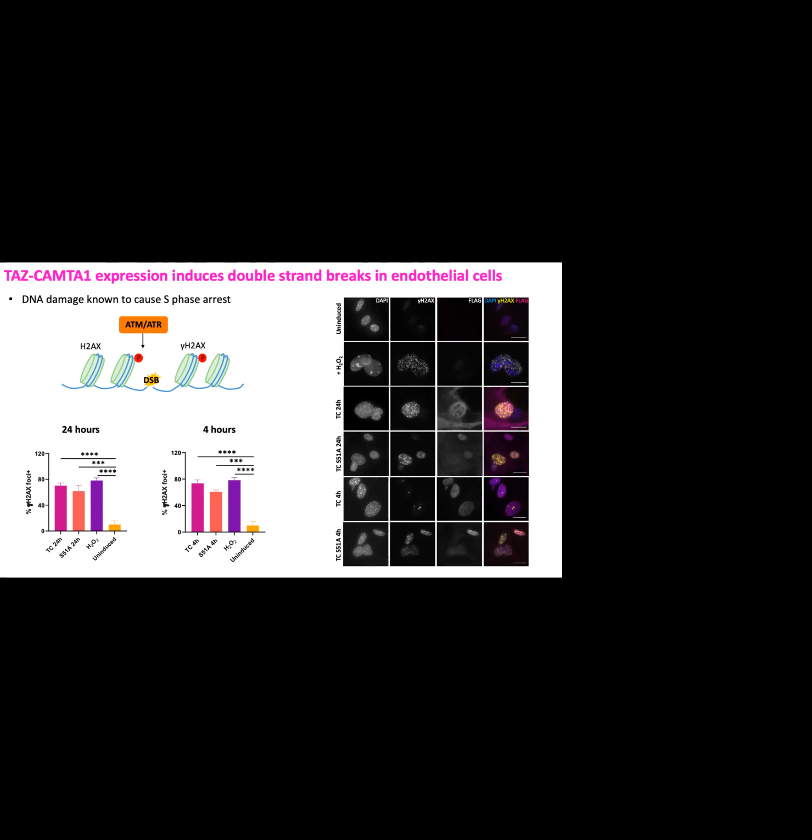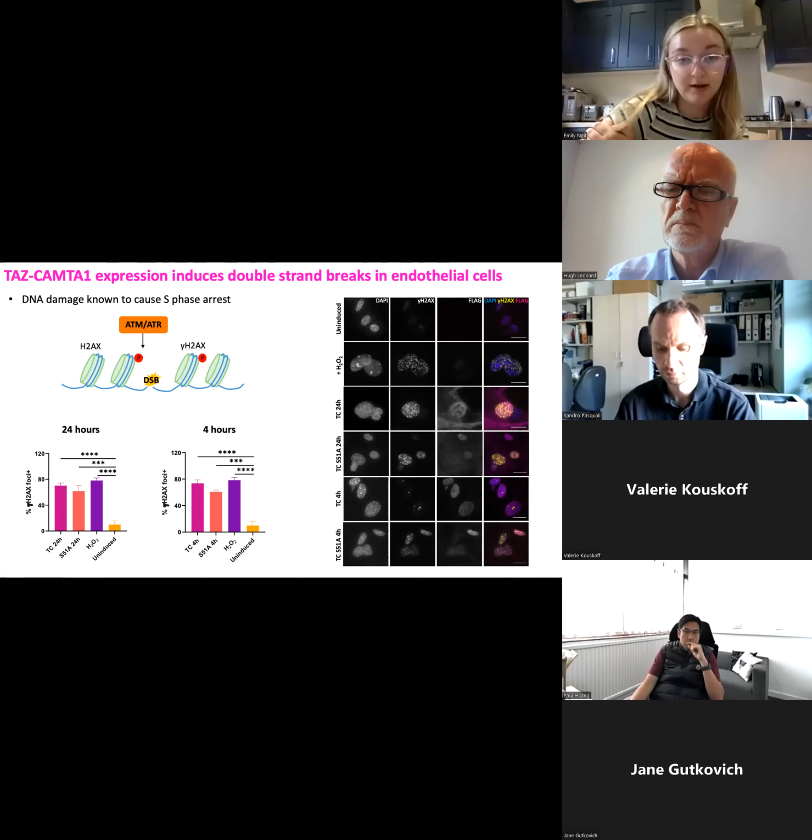And this was also present when you express the T binding mutant version of TAS-CAMT1, this S51A mutation, which again showed a very similar amount of gamma H2AX foci as the peroxide and the TAS-CAMT1 wild type expressing cells.